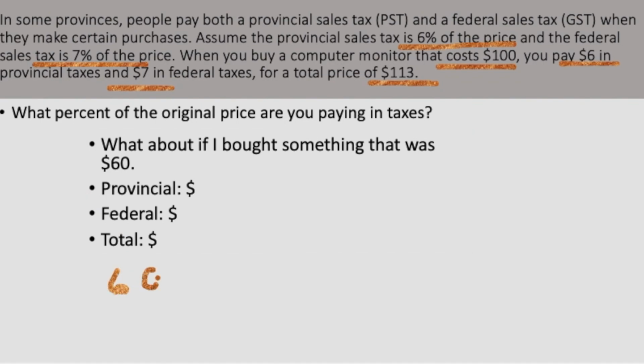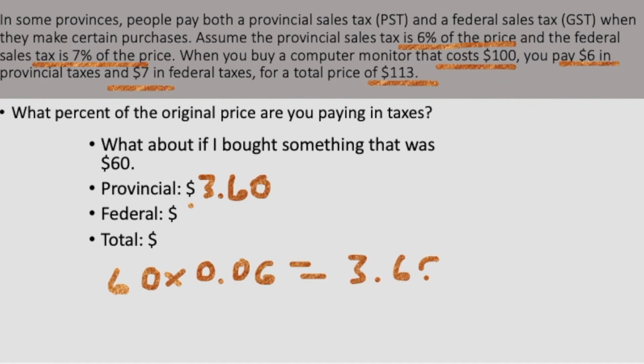So I have $60, right? And I'm going to multiply that by the 6% sales tax. And that will show me how much. 60 times 0.06, right? That's going to give me $3.60, the provincial tax.